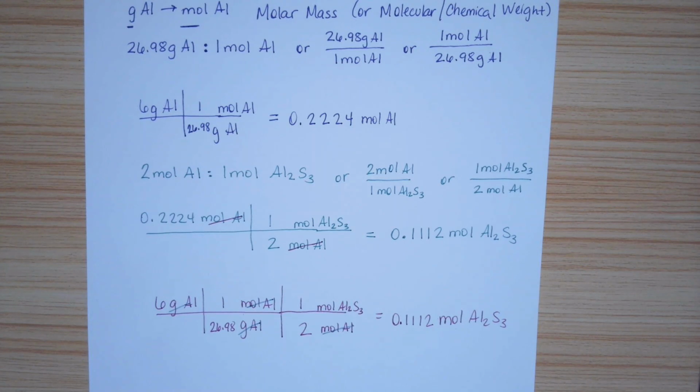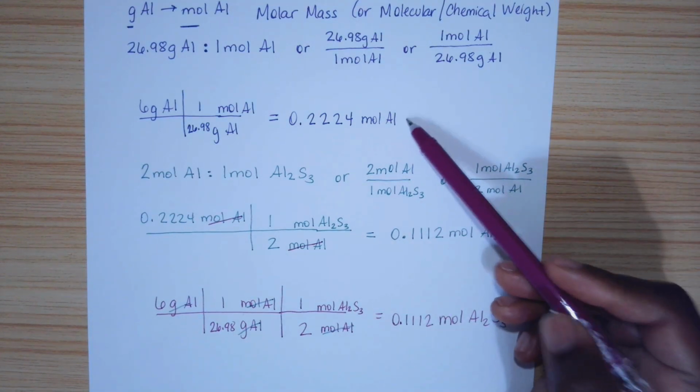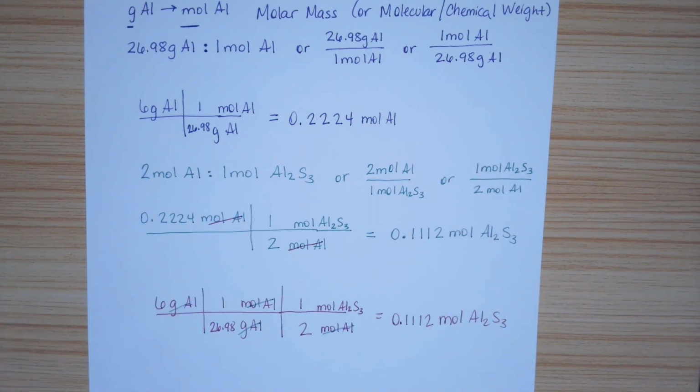So even if you break it up, or if you just carry out one long calculation, you'll get the same thing. The key is just making sure that if you break it up, don't round too soon. So don't show this as 0.2 because that'll throw off your final answer. You want to have extra significant figures.